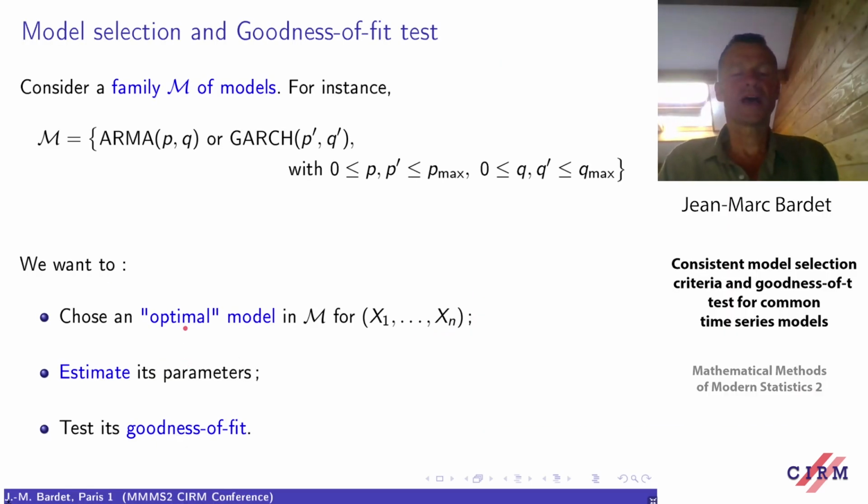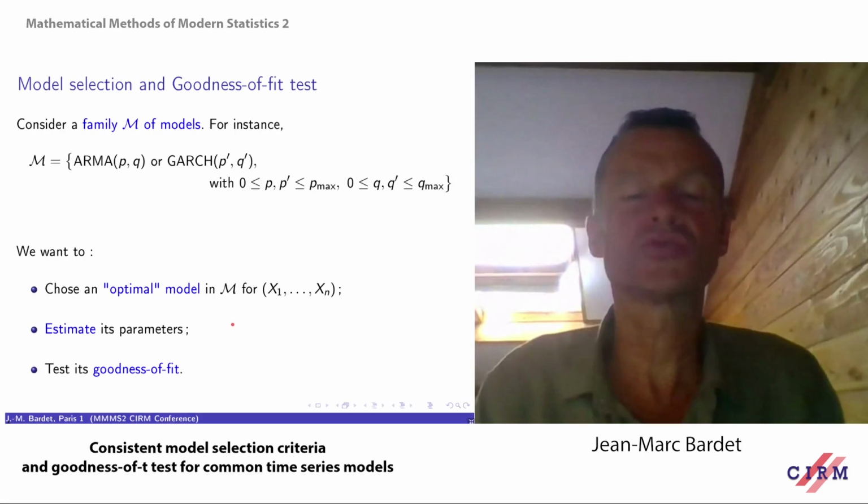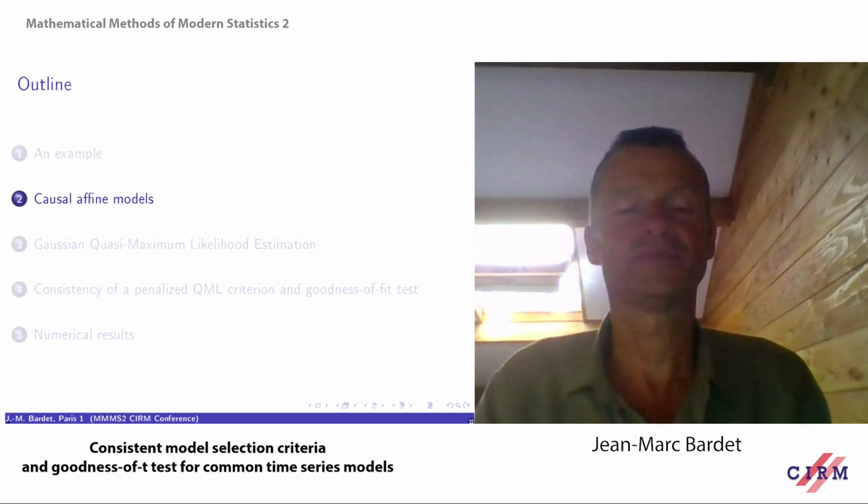After this, when we have obtained an optimal model, we would like to estimate its parameters. And finally, we will use this optimal model and its parameters for testing the goodness of this model. So this is what we are going to do now, but more generally for a larger class of models.